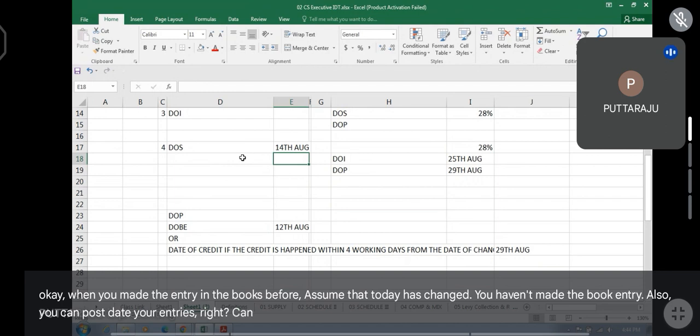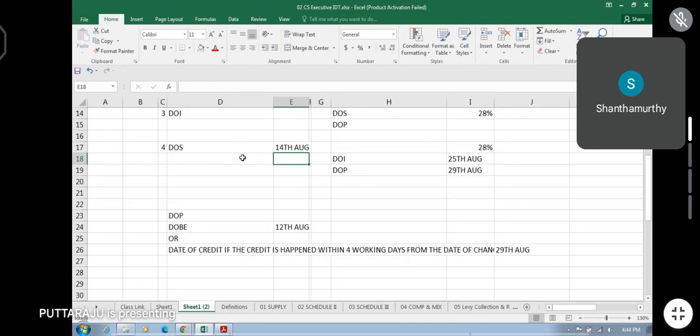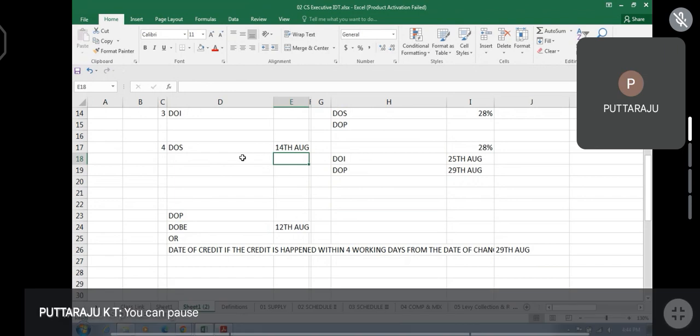Can you record the entry in the books anytime before the change also? Yes or no? Can you pass journal entries before the change also? You can pass it, no.